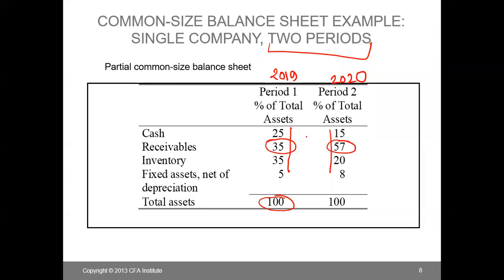The purpose of the financial analyst, or the objective of financial analysis, is to find out the reason. Can you recall that I mentioned that you have to look for the story, and now here you have to look for the story. What reasons are responsible for jumping of the receivables from 35% of assets to 57% of assets?